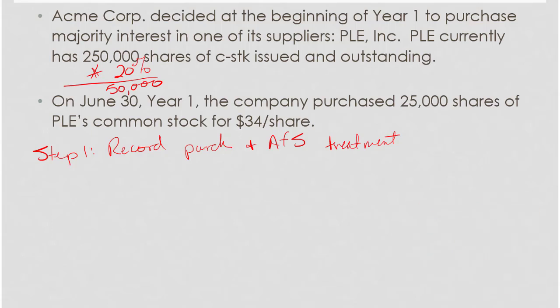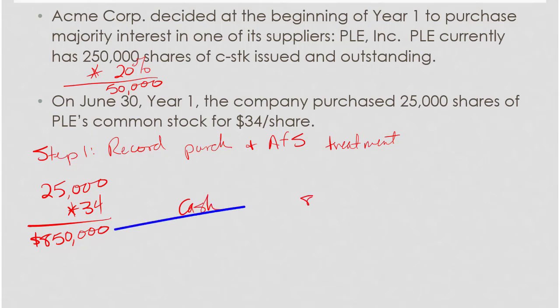In this case, we need to figure out how much cash we spent. So I take the 25,000 shares times the $34 a share, and that gives me the cash I spent, so we'll credit cash, $850,000. And we don't know anything about Acme's available for sale portfolios, but let's just assume they have, let's call it an expansion fund.